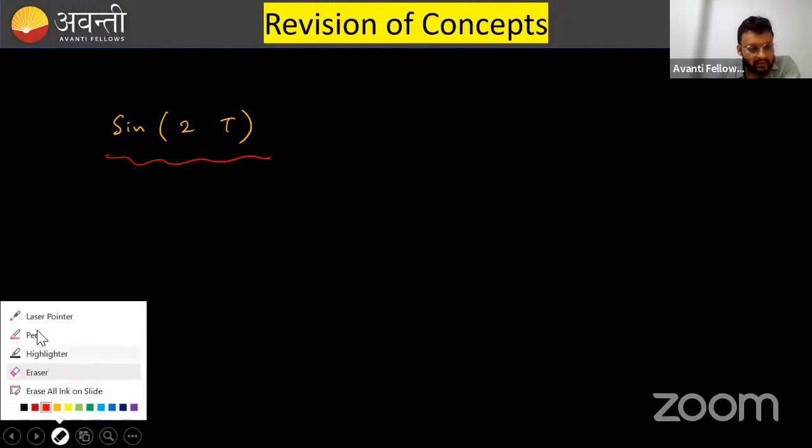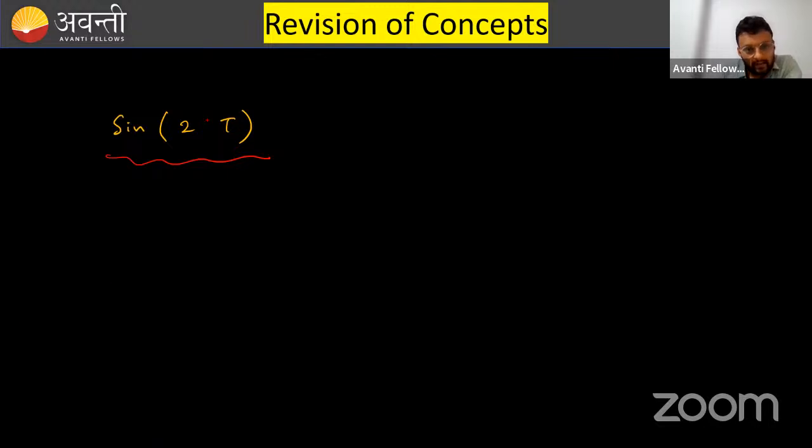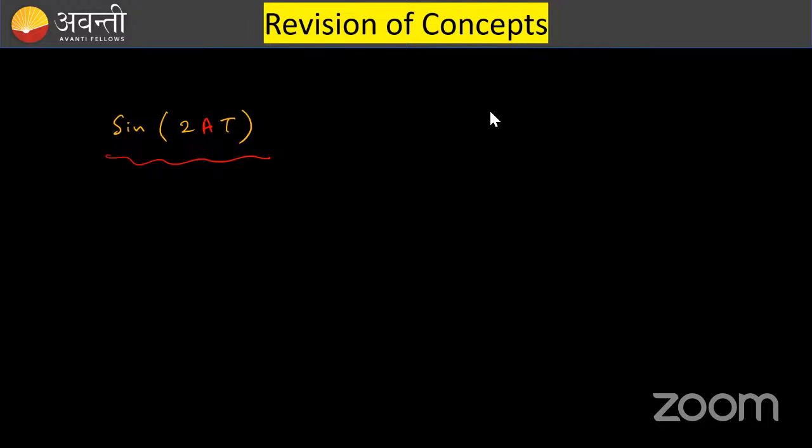Let's suppose this is written as 2at. T is time, A is some unknown quantity. What will be the dimension of A? T minus 1.